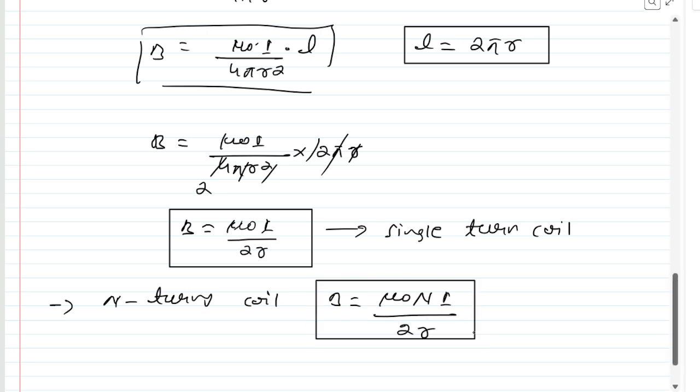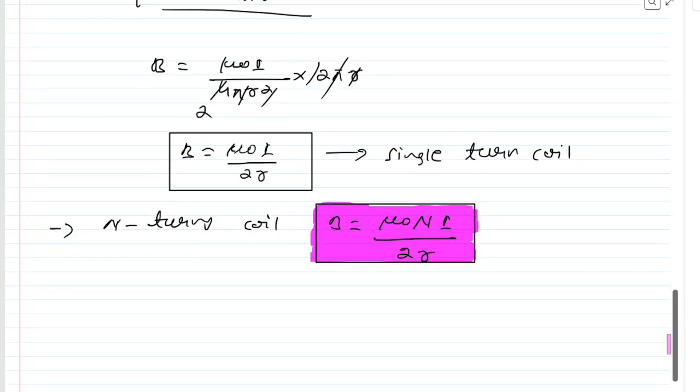We only need to multiply by this N value. So this completes the expression of the magnetic field at the center of a circular current loop: mu naught I upon 2r for a single turn coil, and for N turns in the coil, the magnetic field at the center of the loop will be mu naught N I by 2r. So thank you.